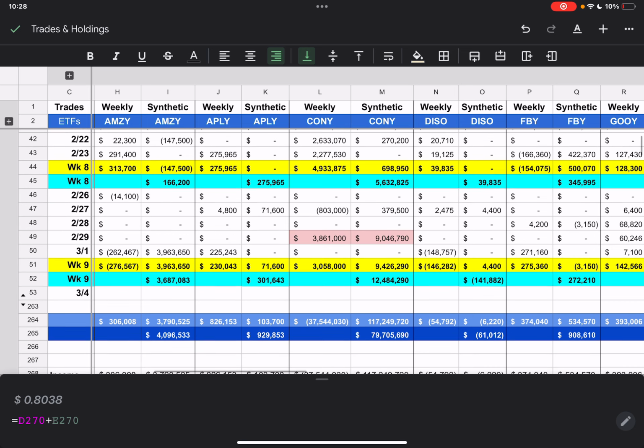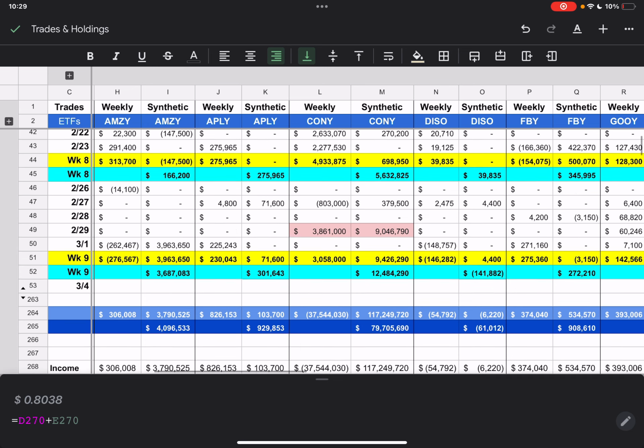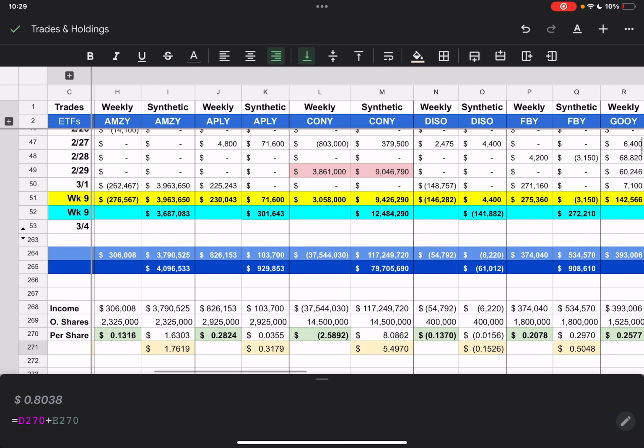If we look down here at the roll-up of the last 3 weeks, AMSI made about 300K on its weekly short call and about 3.8K on the synthetic, for a total of 4.1 million. If you're just looking at the weekly short call, it would show 13 cents. But if you're looking at the total of the weekly short call and the synthetic, 1.77. But again, 3 weeks of data and not 4.